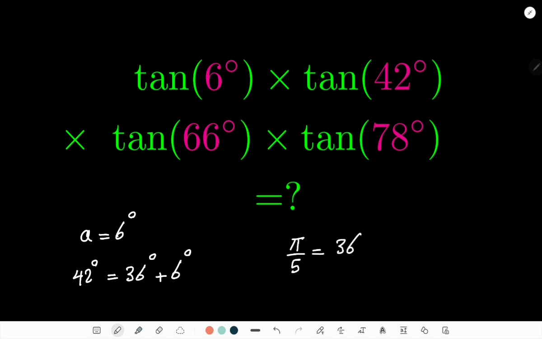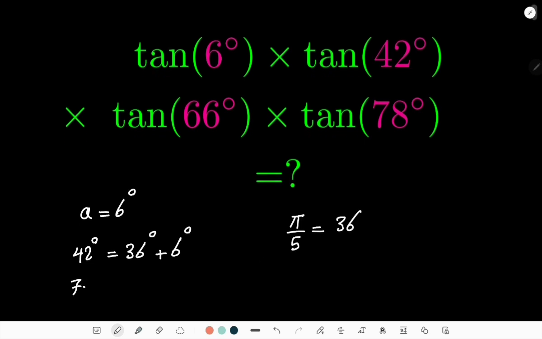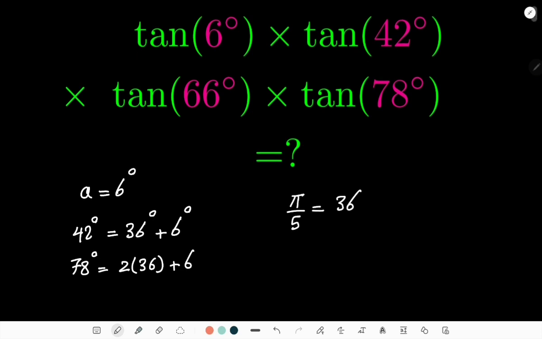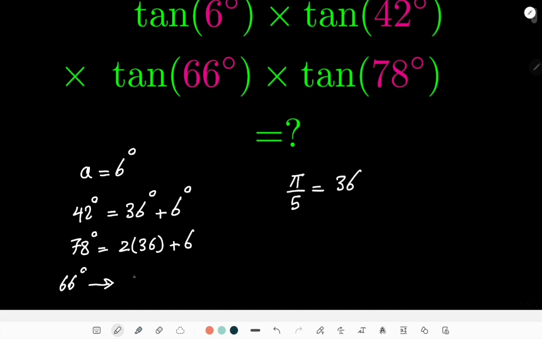Then also I can say 78 will be 2 times 36 plus 6. Also 66 cannot be written directly, but instead of 66, I calculate 180 minus 66, which is basically 114. And that is nothing but 3 times 36, which gives me 108 plus 6.